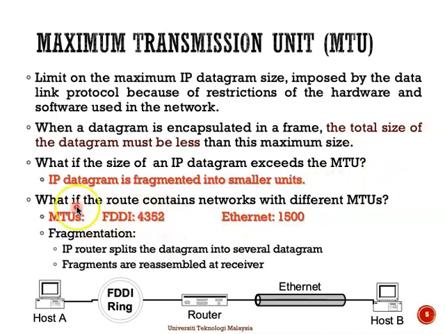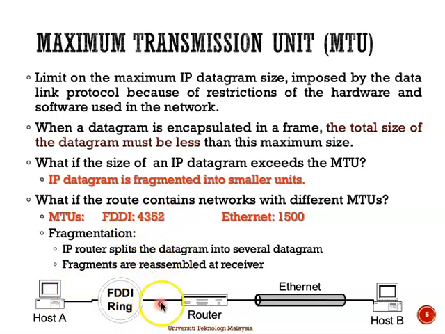For example, if the route from the source to the destination contains networks with different MTUs, FDDI has 4352 bytes and Ethernet has 1500. So the fragmentation process will happen where the IP router splits the datagram into several datagrams. For example, from host A, one datagram can have a maximum size of 4352.